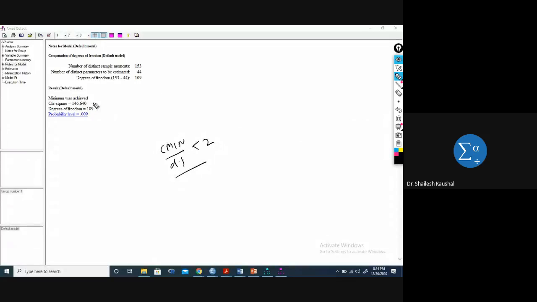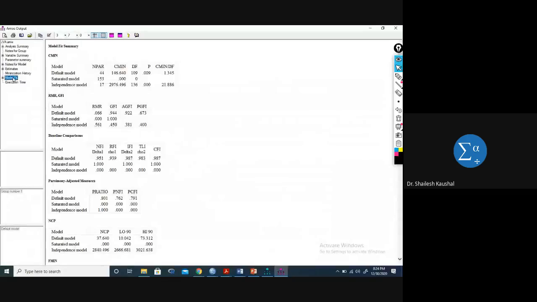The chi-square is 146 and the degree of freedom is 109. The formula is 146 upon 109, which equals 1.3.